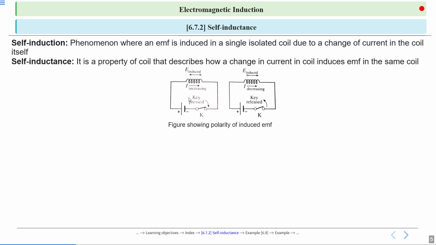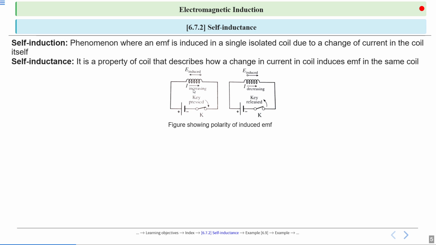Current is increasing, so this coil will induce EMF. The direction of the induced EMF will be according to Lenz's law. It will oppose the cause that is producing it. What is the cause here? The cause is the increasing current. So it will oppose the increasing current.